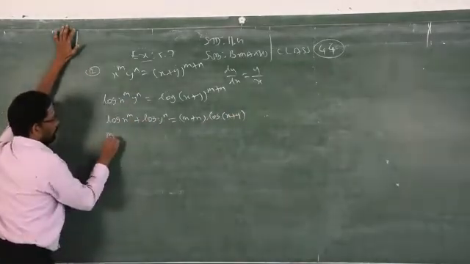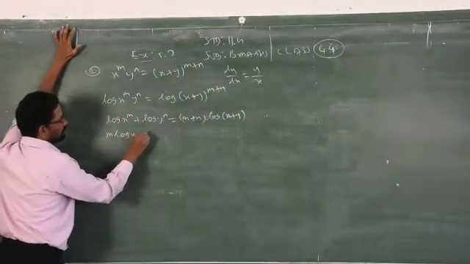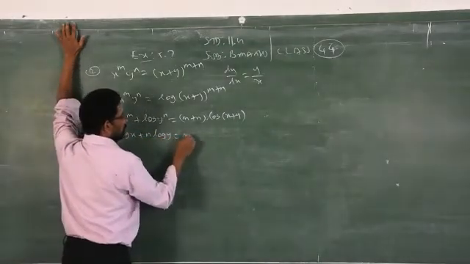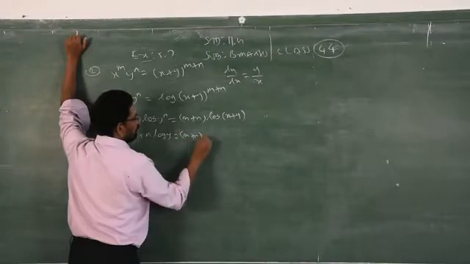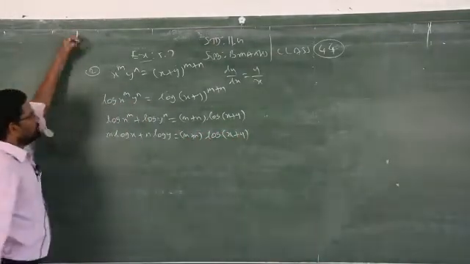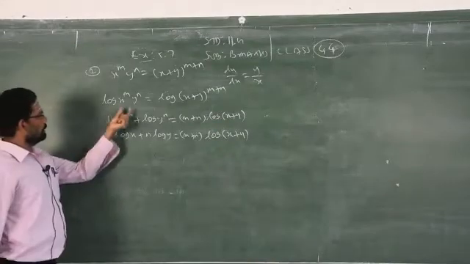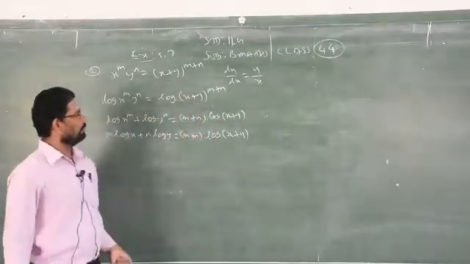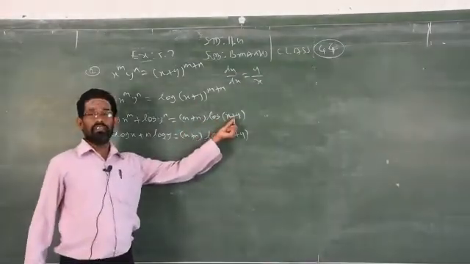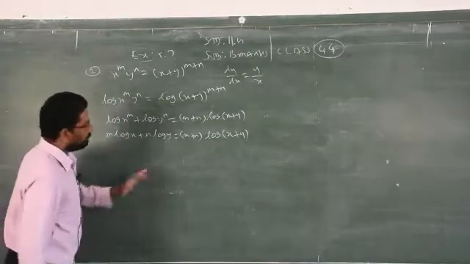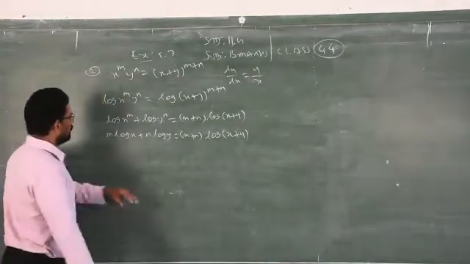Again power rule: m log x plus n log y is equal to m plus n log x plus y. So you just have to take log on both sides. Here is the product rule, then the power rule. On the right side there is only the power rule, we don't have a log factor format, it is a given term. So there is no formula to express log of a plus b. We have only the log ab formula.